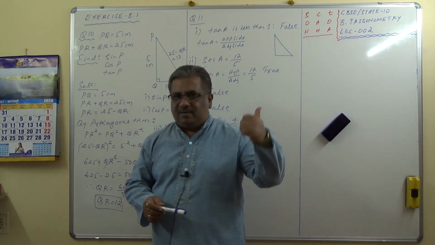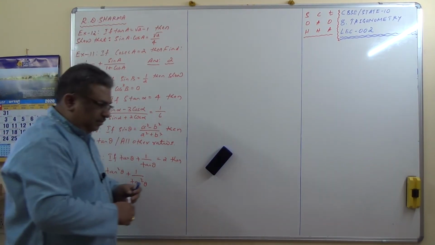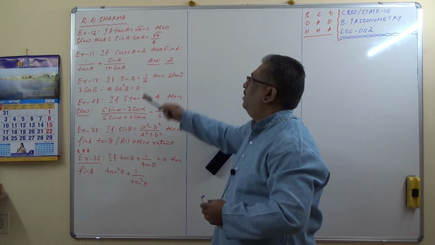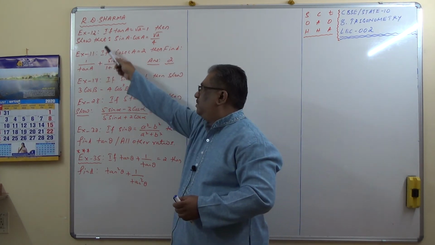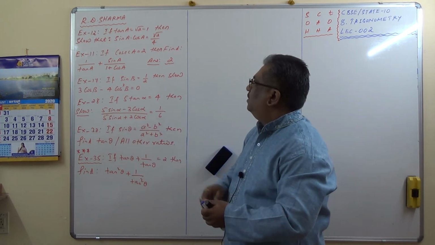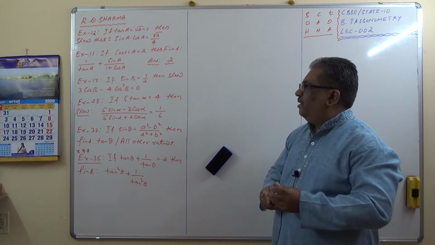Okay, so make a note of this one first. Now we look at few R.D. Sharma numericals listed here. Example 11, 12, 17, 28, 30 and 35. These are a little typical, therefore I have selected from R.D. Sharma.